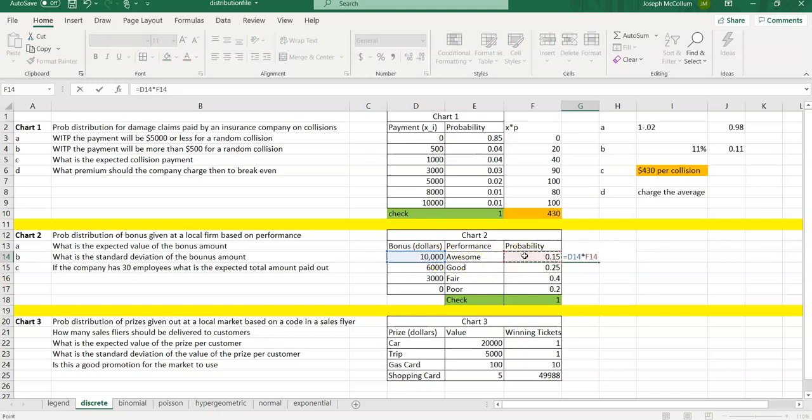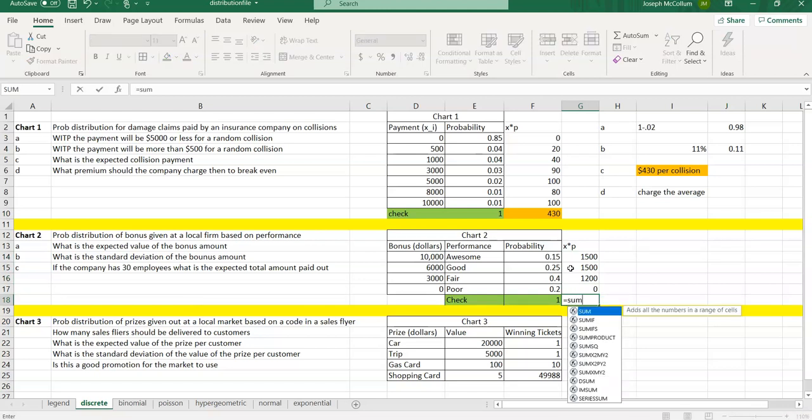That is, you take the outcome times its probability, and that's its weight. We'll use that formula a few times to get each and every individual weighted outcome. So 10,000 times 15%, 6,000 times 25%, 3,000 times 40%, and 0 times 20%. Not adds, equals each one of these numbers respectively.